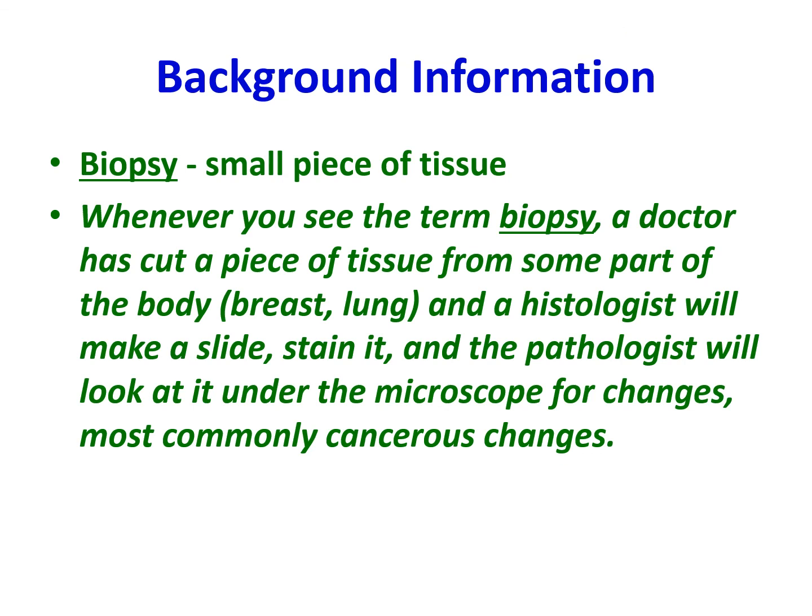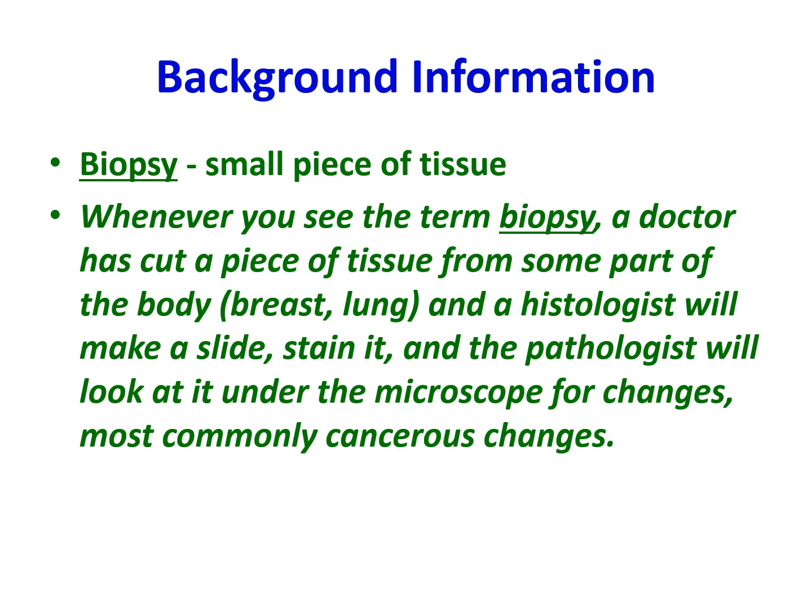So just some background information. Biopsy, right? That's a small piece of tissue. Like they go in and they do a biopsy if they find something, some kind of lump, some kind of mass. They may go in and take a small tissue of that, and then they're going to biopsy it, right? And that's where a doctor, usually a pathologist, will look at it.